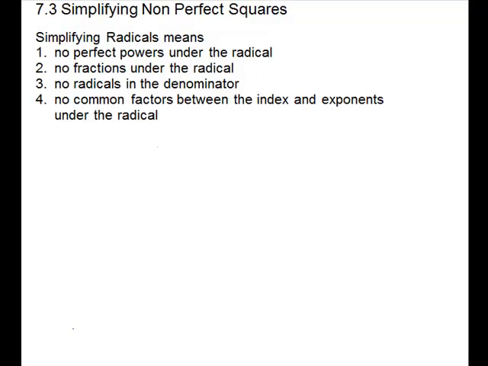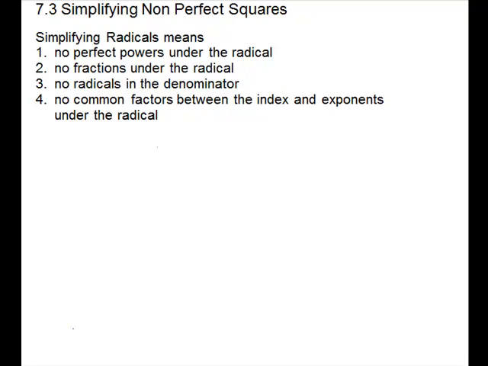I want to give you some rules for simplifying radicals. So a radical in simplified form means first there are no perfect powers under the radical. So if it's a square root, you cannot have any perfect squares underneath. If it's a cube root, you cannot have any perfect cubes. Second rule, no fractions can be left under the radical.